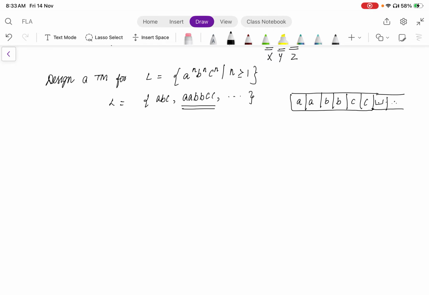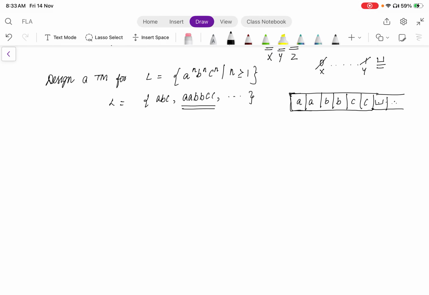So what is the logic? In the previous example, where you find a 0, replace it by x and move along the tape until you find 1 and replace it with y. You keep doing this until you are done with all zeros and ones, then move till the blank space and accept the string.